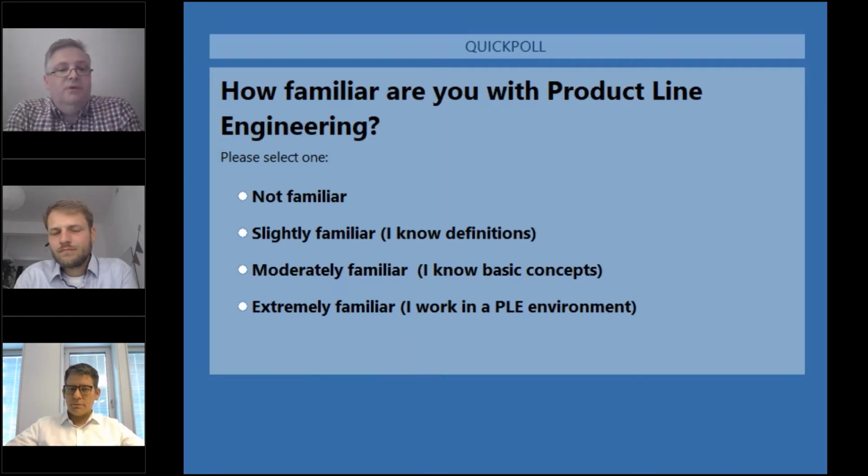So let's wait some seconds and make a self-assessment from the audience to see what audience we have online today. Yeah, still some votes are coming in. We're at 80%.